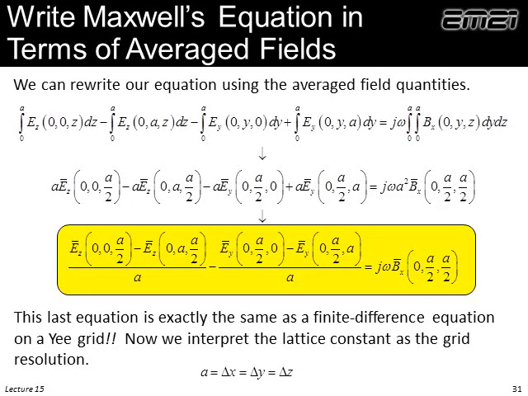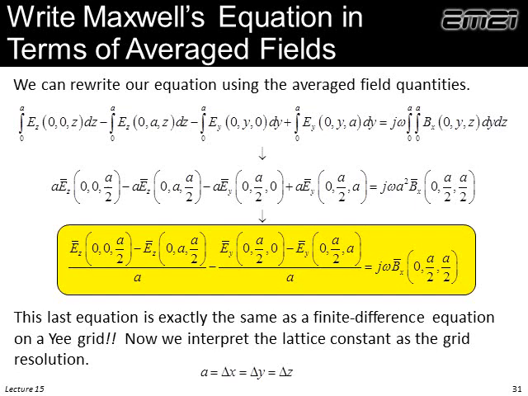Okay, so this top line, this is where we were a few slides ago. We now are interpreting these as averaged field values, so we plug in our average values. And now we divide both sides of this by a squared. And we end up with this final equation. If we stare at that long enough, what we'll recognize is that it is an exact finite difference equation that we covered in finite difference frequency domain last semester.